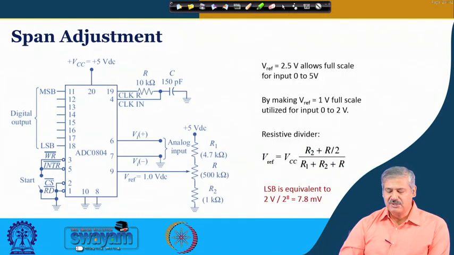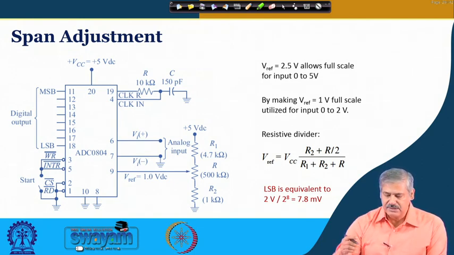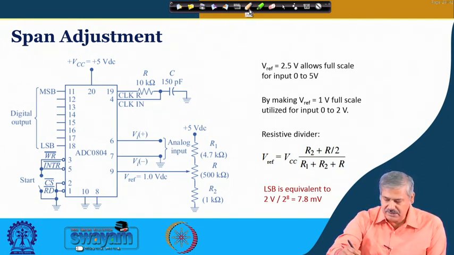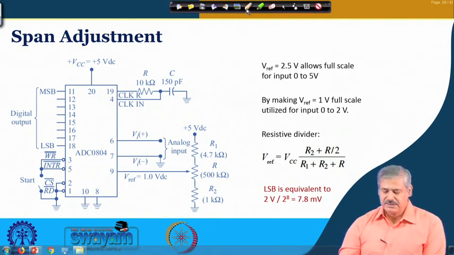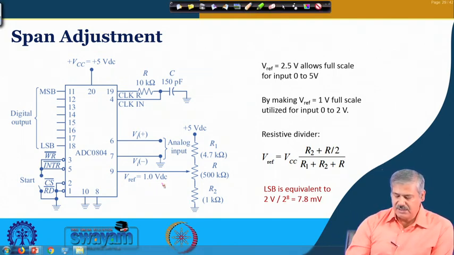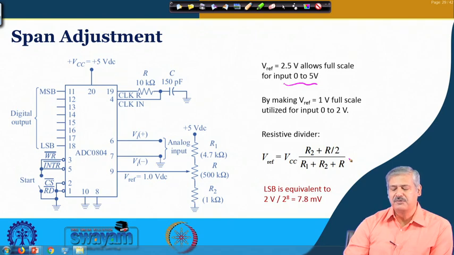Now, what we discuss is the span adjustment. So what is it? Let us see. In this case, earlier the V reference was 2.5 volt, and the analog input voltage that was getting converted to digital equivalent was 0 to 5 volt.